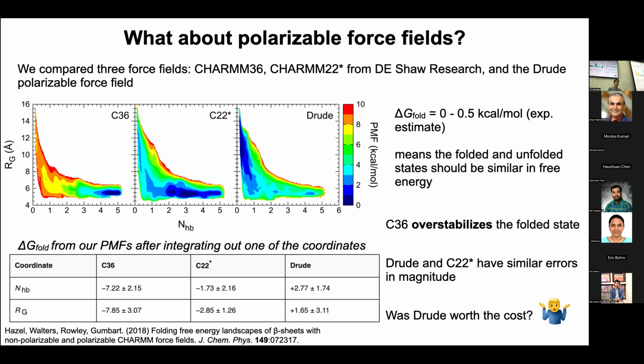So perhaps it just needs more time to improve. Conversely, the fixed charge force fields have had that time to get better, and in that case, they're really reliable for most situations. So you would not expect polarization to matter much for folding of a beta hairpin, and sure enough, it does not improve anything significantly. But again, if you have cases with strong polarization effects, then you're going to need it.